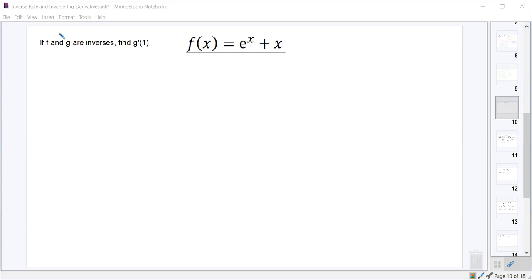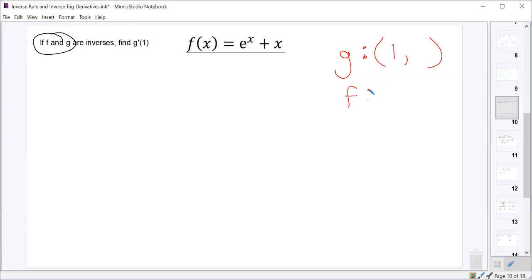So we're given that f and g are inverses, and we want g prime of 1. So if we want g prime of 1, that tells us that g must have a point that is what? Has an x value of 1, 1 comma something, which tells you what about f.